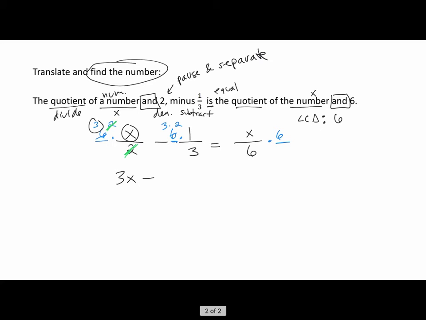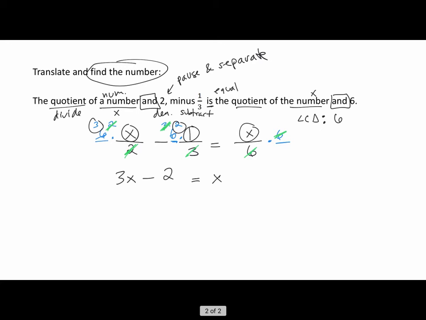For the second term, that's going to cancel out the factor of 3. And that's going to leave 2 times 1, which is 2. And on the other side of the equal sign, that's actually going to cancel out completely and leave just the x.